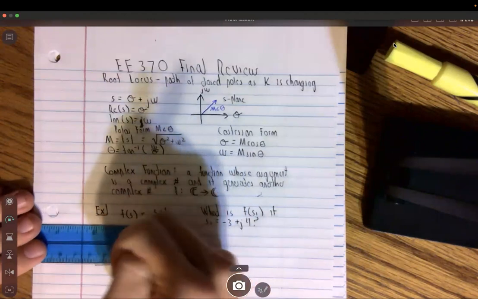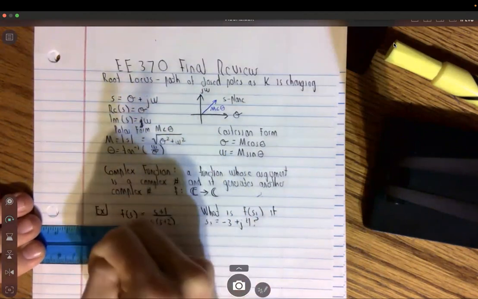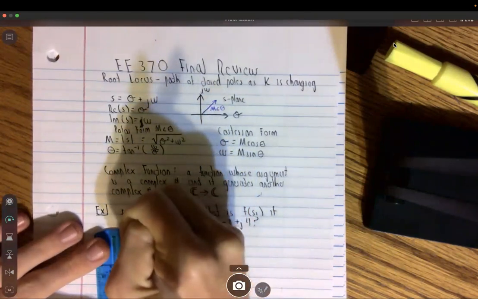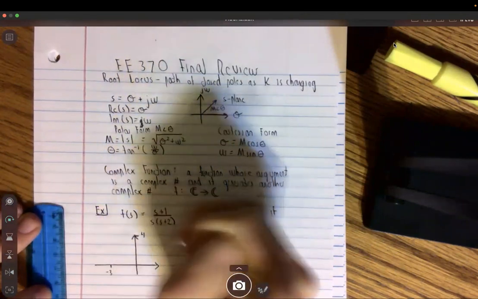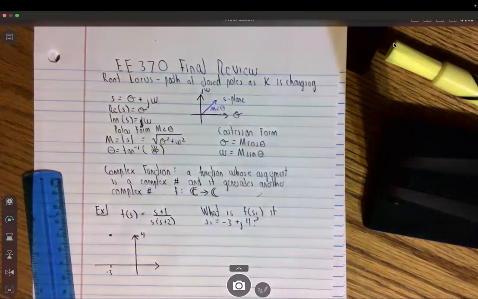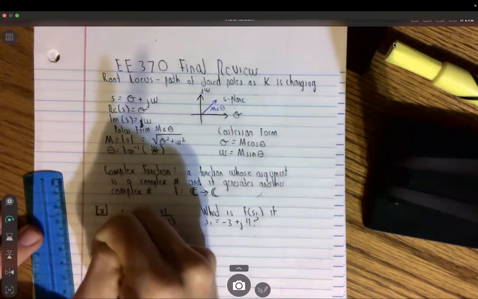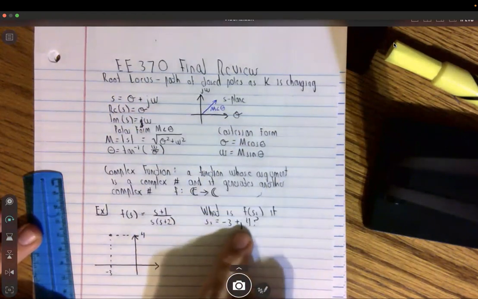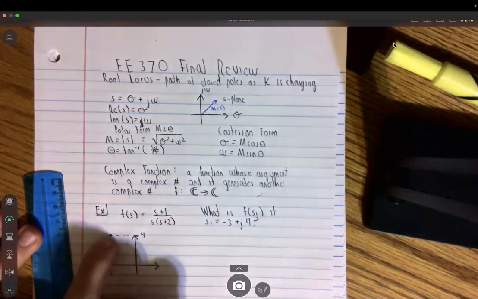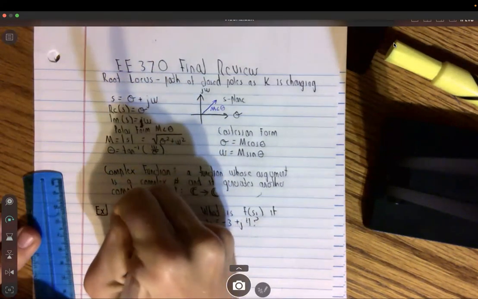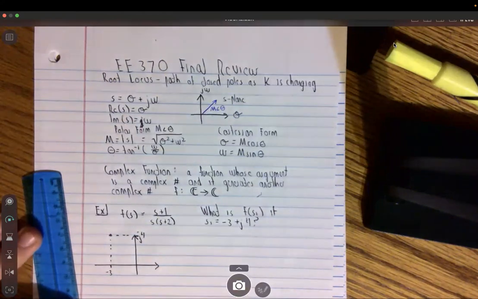So if we go out 3, so this would be our -3 point, and then we go up by 4, so that's around here. This is what we would be used to seeing for S1. It is -3 along the real axis, and it's 4 units up on the imaginary axis. And so that's what we're used to.